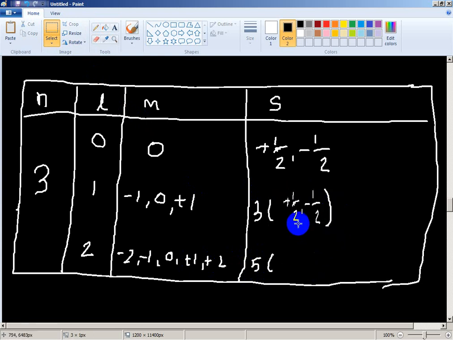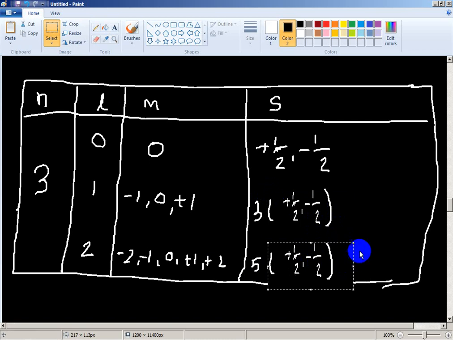Okay, how many electrons here? 10 electrons.